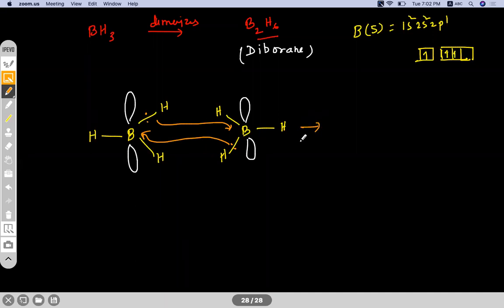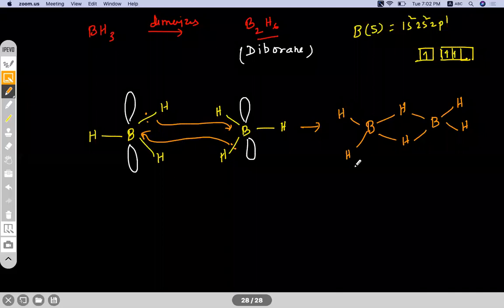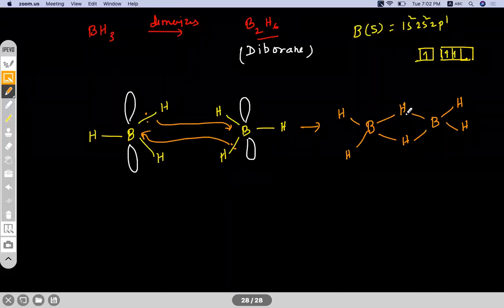And hence these 2 dimerize and it converts into B2H6, with hydrogens bridging. This bond is a 3-center 2-electron bond. So we have 3-center 2-electron bonds. This is the bridge bond.